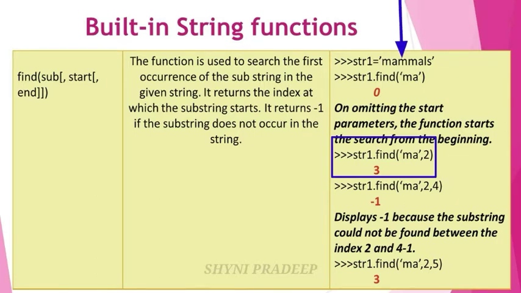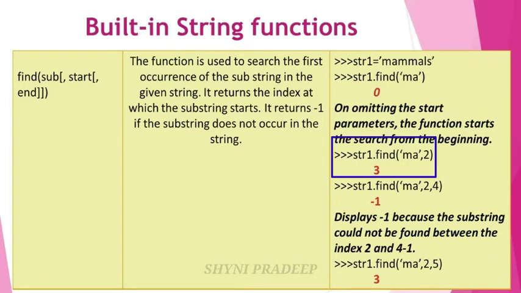You can see the substring ma is present here. So you have to print the index value of that substring. Okay, so what is the index value? See here, this is 0, this is 1, this is 2, this is 3. So your substring starts from here. Okay, so the index position is 3.